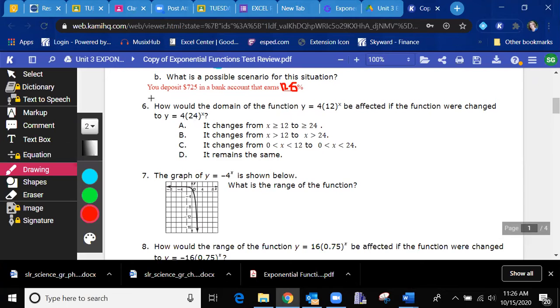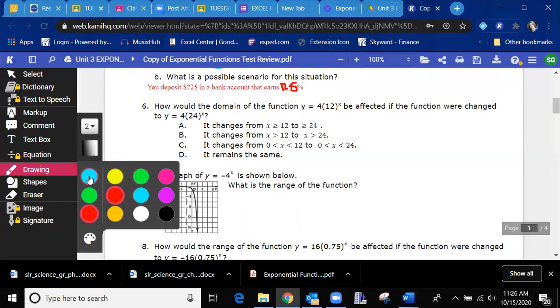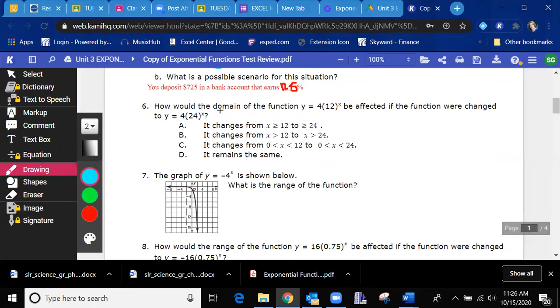So let's talk about this one, domain, for a minute. It says the domain, and there's a function, 4 times 12 to the x, and then we're going to change it to 4 times 24 to the x. 4 times 12 to the x looks like this.